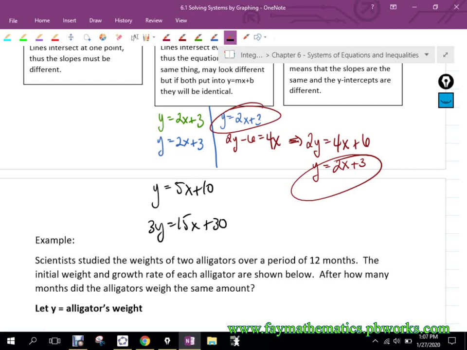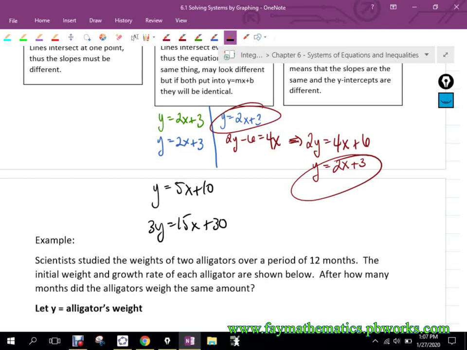What do we multiply the y by to get 3y? 3. What do I multiply 5x by to get 15x? 5 times 3 gives me 15, right? What do I multiply 10 by to get 30? 3. I multiply everything in the top one by 3 to get that bottom one.